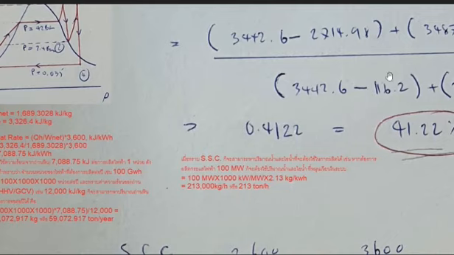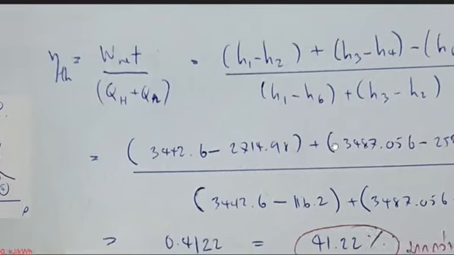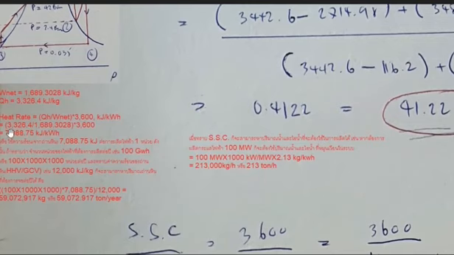Okay, if we use the numbers from my example here, QH would be equal to 3326.4, and work net would be equal to 1689.3028. We multiply that by 3600. We get the heat rate for this example of about 7088.75 kilojoule per kilowatt hour.